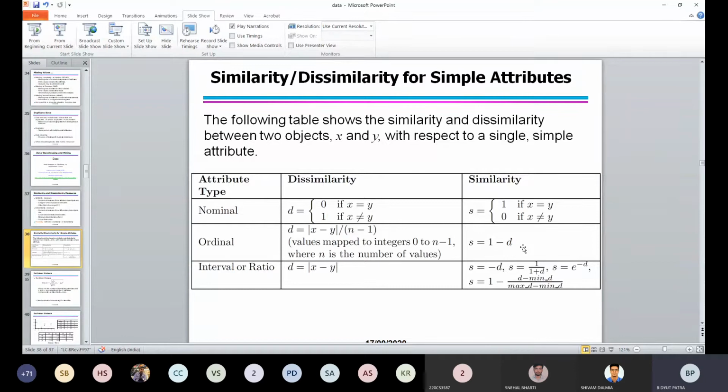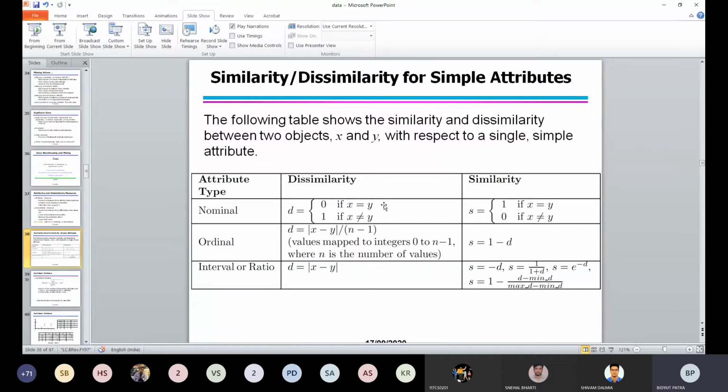Finally, suppose we have a nominal attribute. In the case of a nominal attribute, we always compare between two objects.